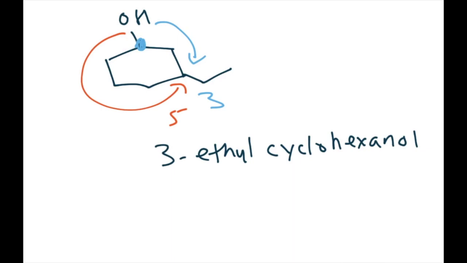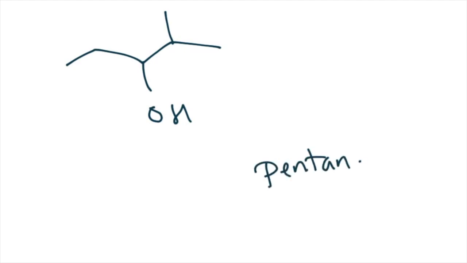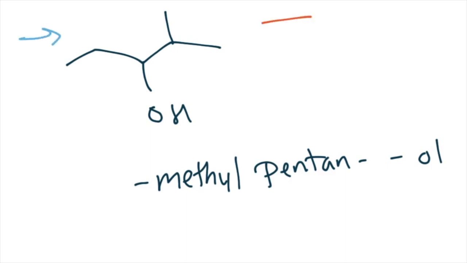So this will be 3-ethylcyclohexanol. We could also do this for, so you could also have something like this, let's say. Right? So this would be, again, pentanol, methyl, right? Do I want to number in the blue direction or the orange direction?